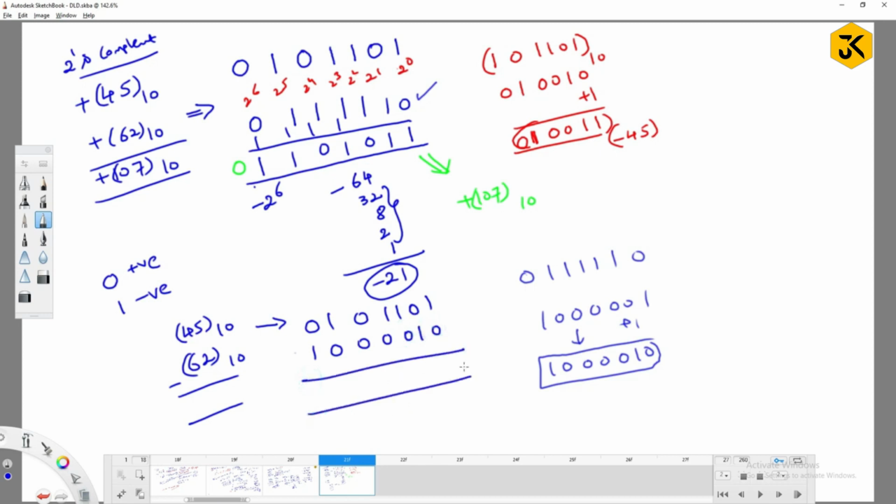Now try to add. What are you going to get? 1 1 1 1 0 1 1. Right? What is the value you are going to get again?